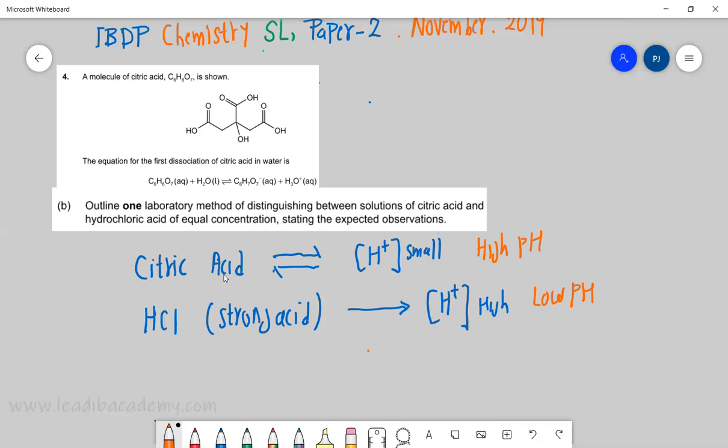Okay. Another way, looking into the same concept, higher the concentration. So we can say another point. So this is the one point.